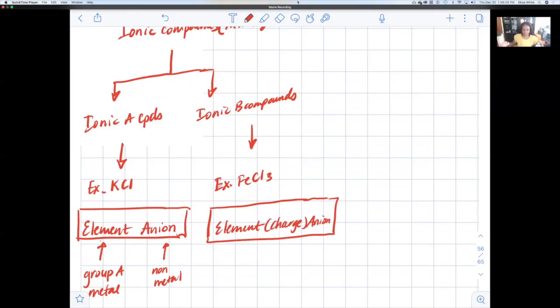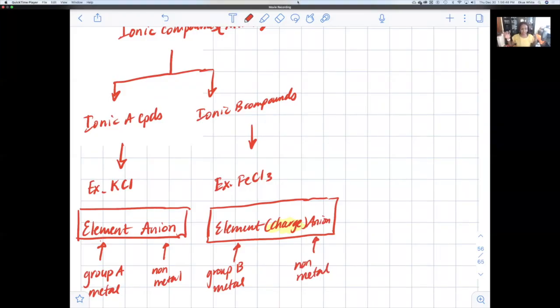So when you're looking at the names of two compounds, one being ionic A, the other ionic B, you can tell ionic B from ionic A by looking at the charge. This is the identifier here. You should recognize the first element as being a group B metal. The second one, of course, would be a non-metal.